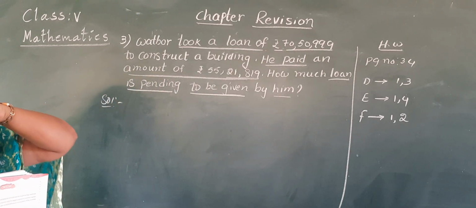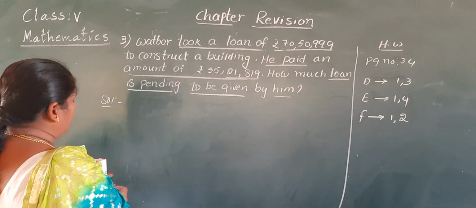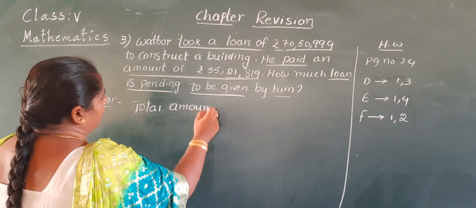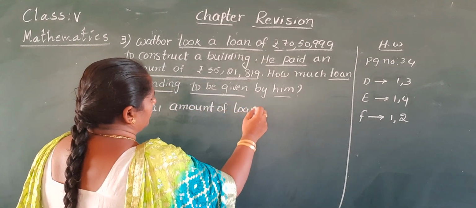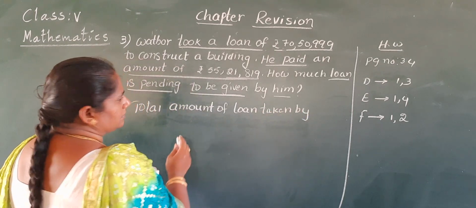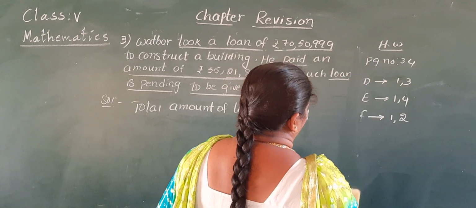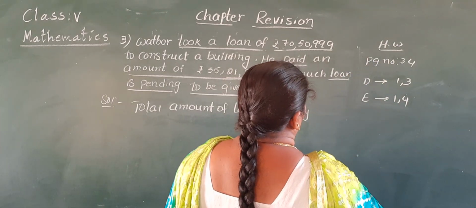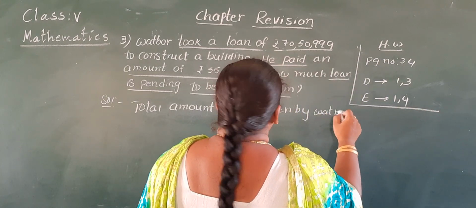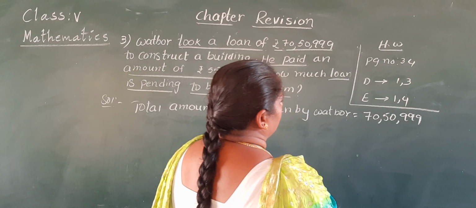Come on, write the first step. Total amount of loan taken by Wartburg equal to 70,50,999.